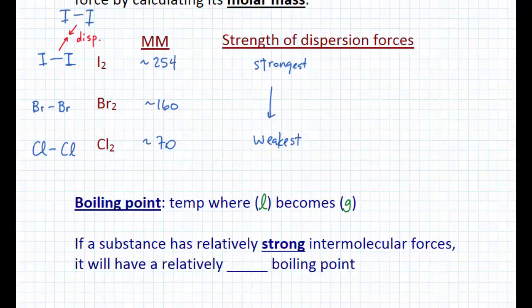Think about that. Because remember, you have to keep turning up the heat until the molecules get moving fast enough that they can pull apart. If they're stuck really strongly together, you're going to have to keep turning up the heat higher and higher until they get moving fast enough to pull apart, right? So substances with relatively strong intermolecular forces will have a relatively high boiling point.